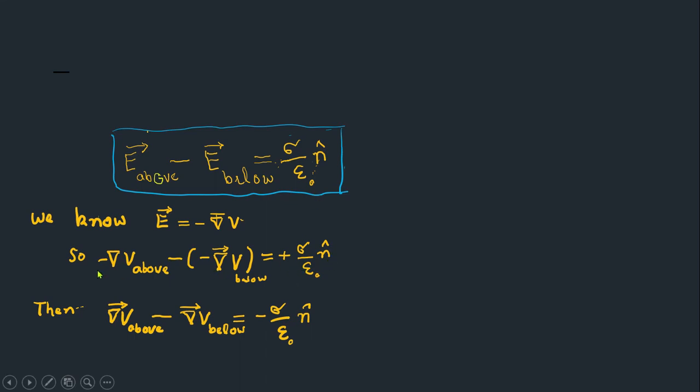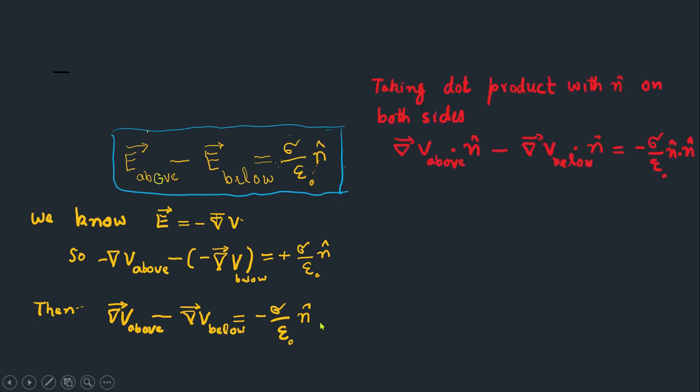If we multiply it with the negative sign on both sides, we get del V above minus del V below is equal to minus sigma over epsilon naught n cap. Taking the dot product with n cap on both sides, del V above dot n cap minus del V below dot n cap is equal to minus sigma over epsilon naught n cap dot n cap. N cap dot n cap is equal to 1.